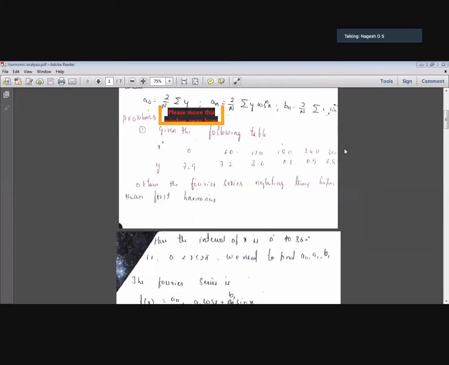After doing this problem, these numericals you have to solve. Just by seeing, you can't understand. You have to solve if you want to understand thoroughly. Otherwise, you will feel you understood everything, but when you take a calculator and try to solve, then you won't get it. That's why take out your calculator, write this problem.